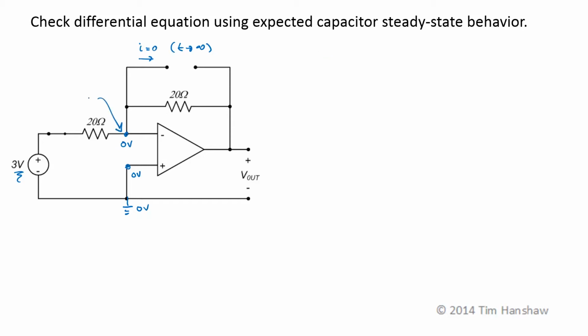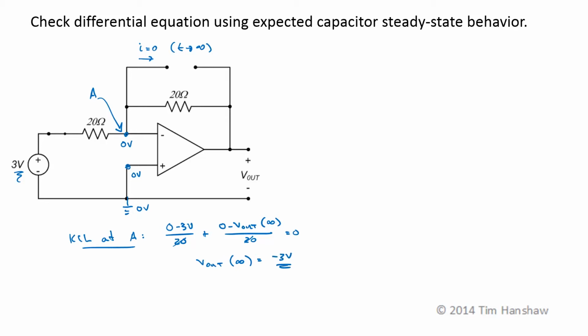So if this is node A, KCL at A says that 0 minus 3 volts over 20 plus 0 minus V out as t goes to infinity over 20 is equal to 0. Multiplying through by 20, V out as t goes to infinity is equal to negative 3 volts.